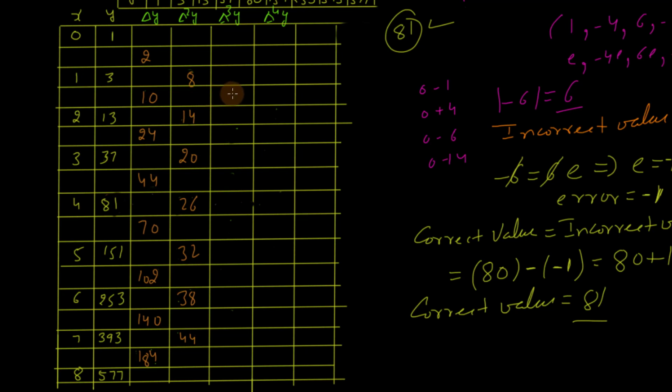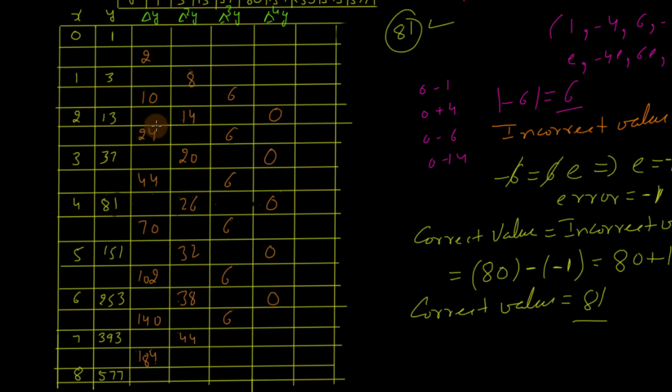Now you will see this is 14 minus 8, 6. 20 minus 14, 6. 26 minus 20, 6. 32 minus 26, 6. 38 minus 32, 6. 44 minus 38, 6. 6 minus 6, 0, 0, 0, 0 and 0.